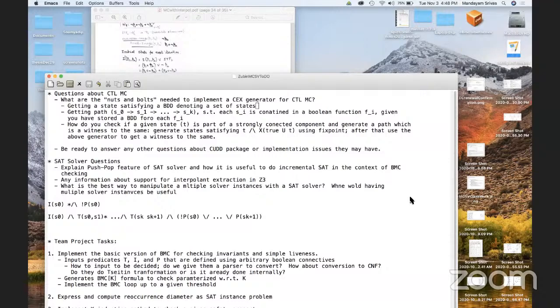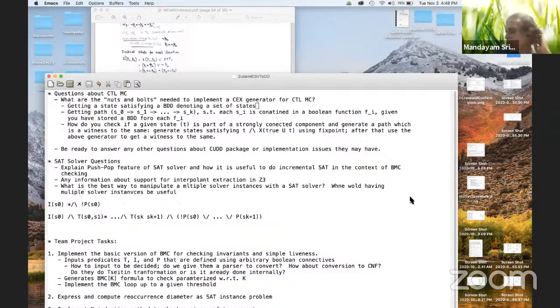Correct? Okay, this is also not bad, because it has the advantage that you don't need to save the BDDs. Did the rest of you get what Ardeep was doing?